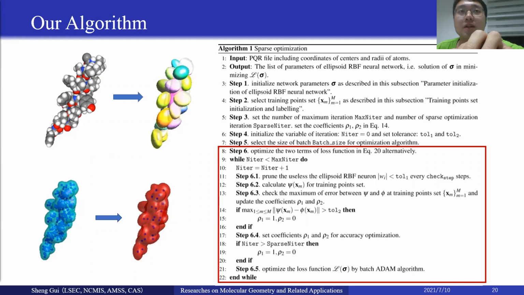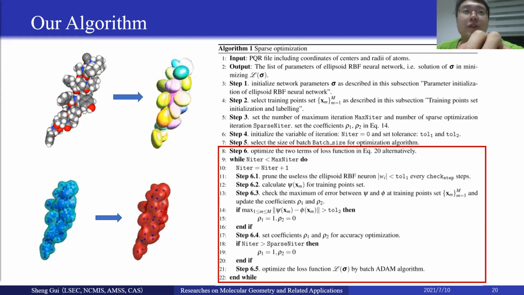The main process is module 6, so I will introduce the flow of step 6. Step 6 shows the numerical algorithm of optimization for the loss function.